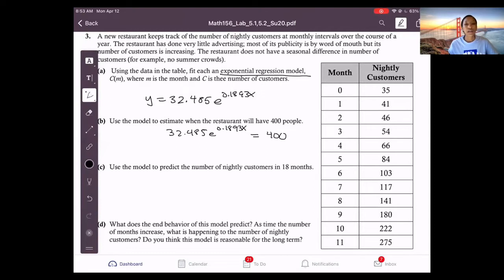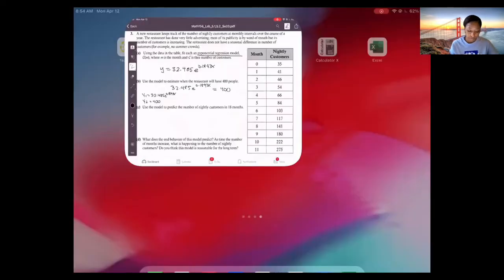We are going to learn, probably by the next class, how to solve something like this algebraically. But for right now, we can solve it graphically by letting your graphing calculator, y1 equal your equation, let y2 equal 400, and then find the intersection. Okay, so we'll do that in Desmos.